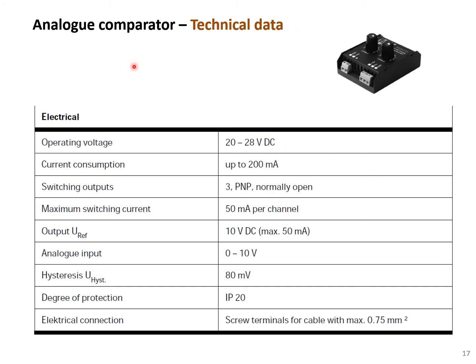So we have the technical data for this comparator, again the operating voltage and so on, and you could study that by yourself. You see, for example, that the output of this switch is PNP, and we expect to have a PNP digital input module card on the PLC.